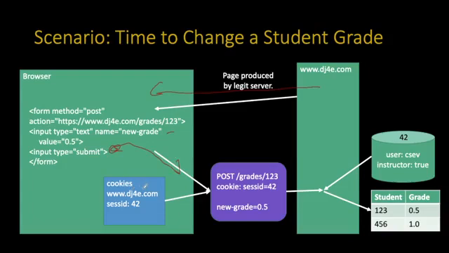One of the things that the browser is supposed to do is pull the cookies for that server and send them. So it sends the post and the data, but it also sends the session ID cookie. Then Django gets its hands on it, looks up the session ID, pulls it in, and notices that it's C7 and I've been logged in as an instructor. Then I can actually set the grade, and it works.